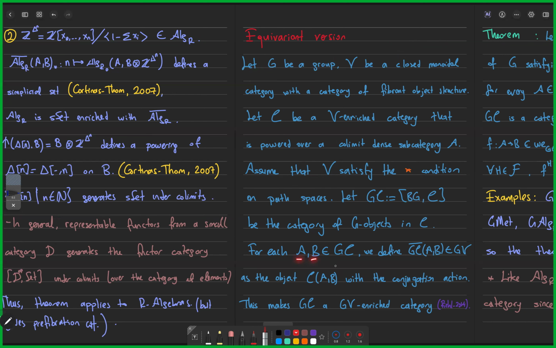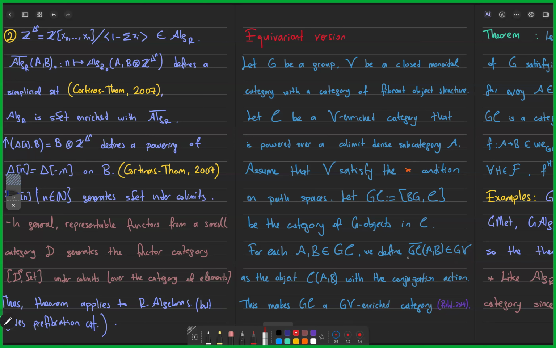For each A, B in C, we can define a GV enrichment. Here, if V is a closed symmetric monoidal category, then GV is also symmetric monoidal, actually closed symmetric monoidal, but we only need symmetric monoidal in that case. So GV is symmetric monoidal.